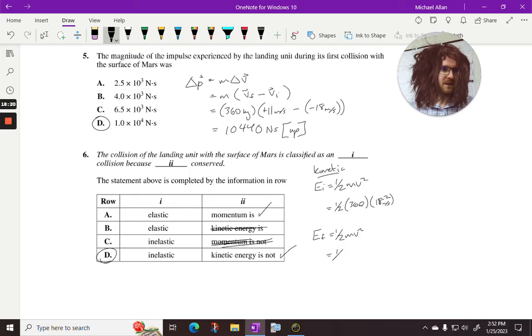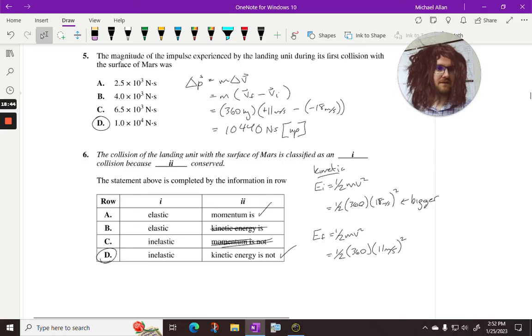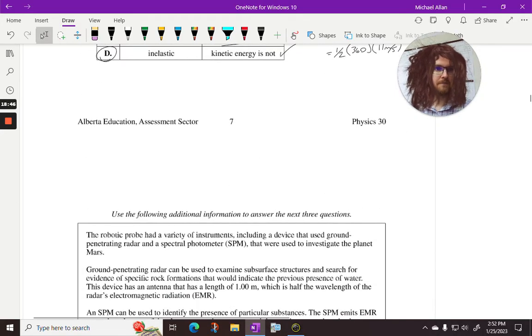And then if I do it for the other one, 360, but now we're at 11. Even though it's a negative number, remember it's a scalar and you're squaring the number anyway, so you lose that negative. So this one's bigger, right? So it's definitely not conserved. Cool.